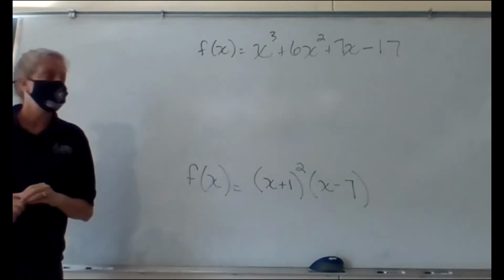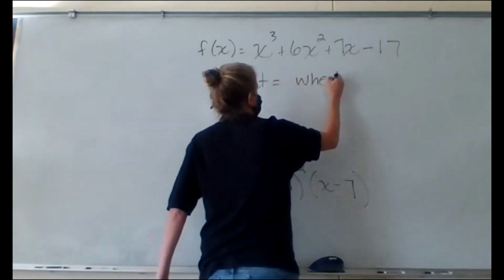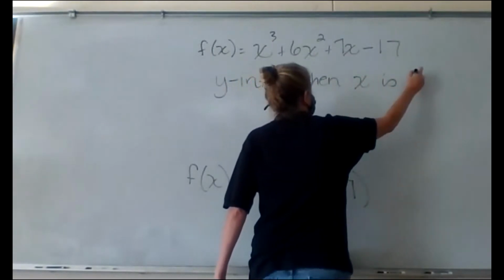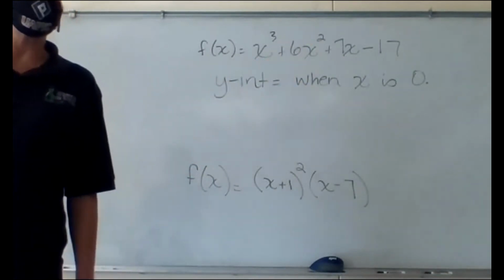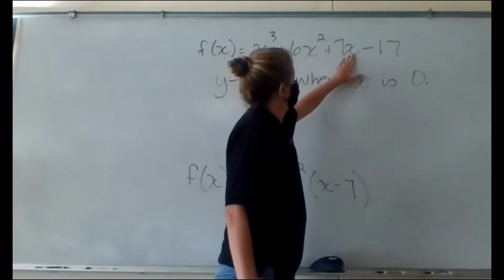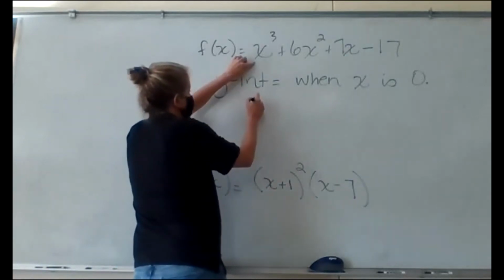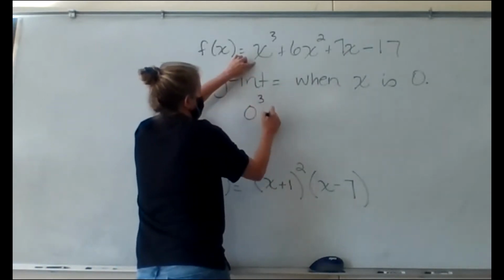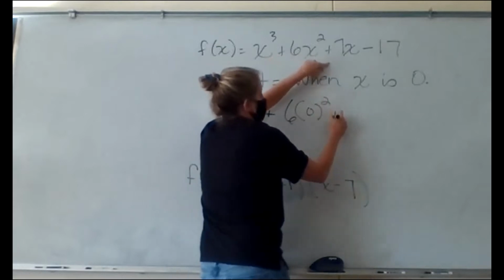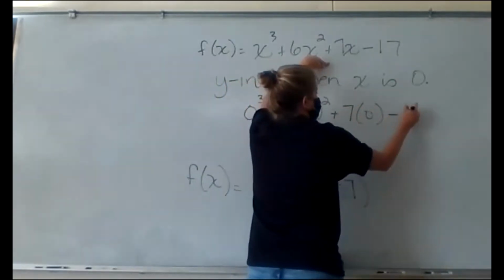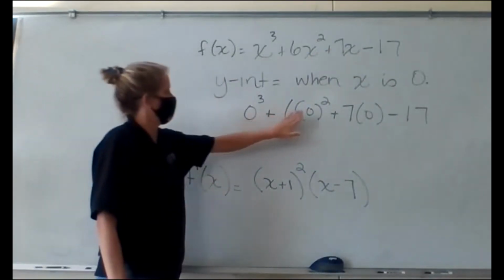Because the Y-intercept occurs when the x is 0, which means if you went in and replaced all of the x's in this polynomial function with zeros, what's going to be left over? I'm going to just write it out. I would have 0 to the third plus 6 times 0 squared plus 7 times 0 minus 17. What happens to all this?